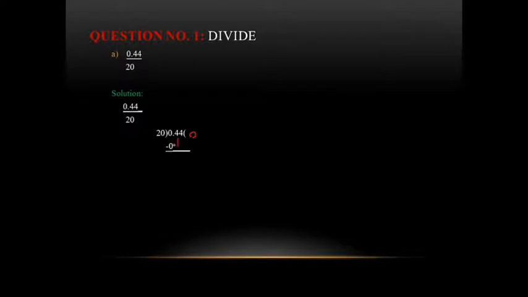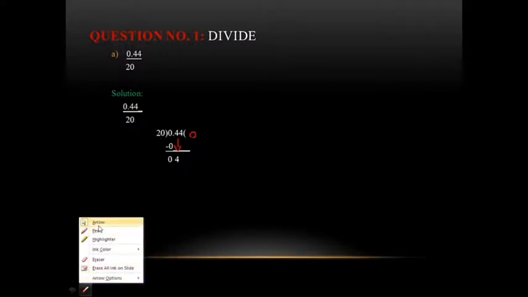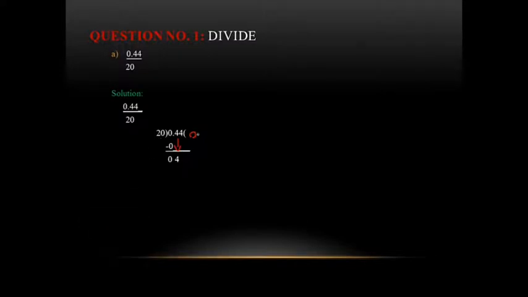Next we will bring this 4 down, so that is 04. Then we got 4, which is of one digit only. So here 20 multiplied by 0 will be 0 again. Then 4 minus 0 will be 4. So here we are left with 4.